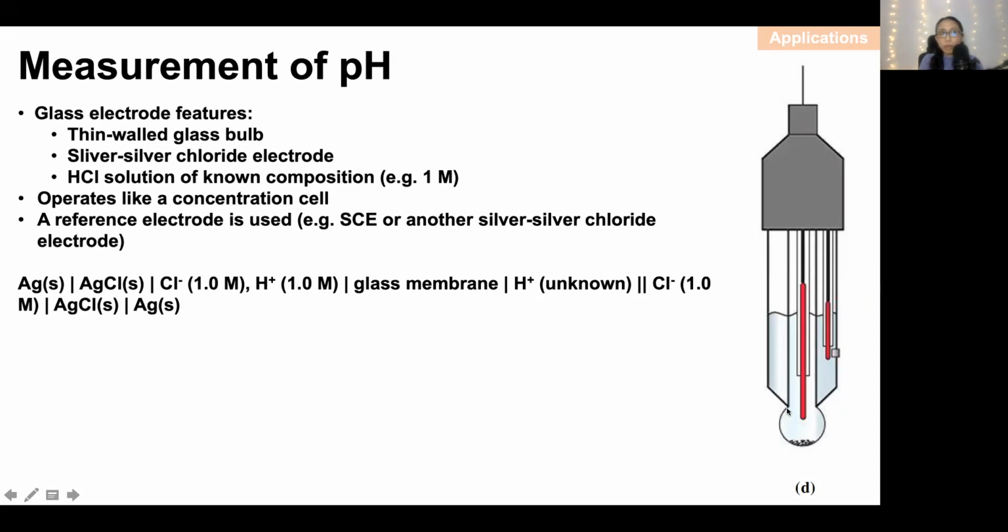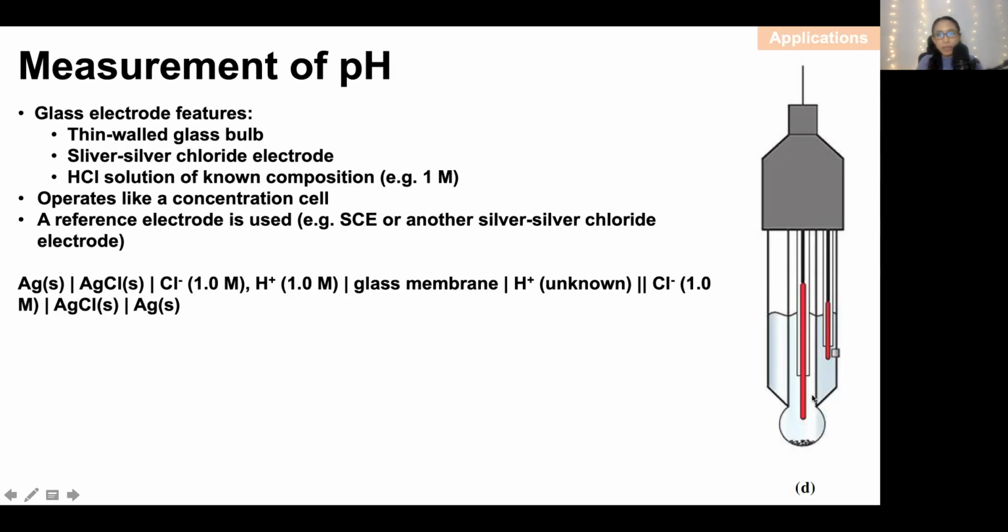If you have seen a pH meter, you will notice that on the end that you dip into your liquid sample, it has this bulb. And this bulb is made of a very, very thin wall. And this allows contact of the solution inside with your sample itself.